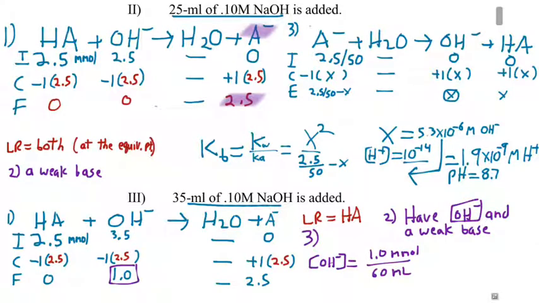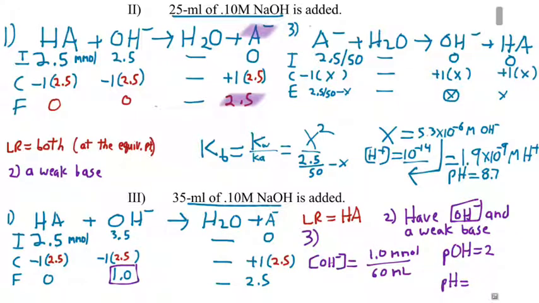So now, this is like we were in the previous problem up here. One way to solve it is to find H plus, using H plus times hydroxide is 10 to the negative 14th. Another way, which is really the same equation with logs, is using pOH. If you have hydroxide, you can find pOH by taking the negative log of it. So pOH is negative log of the hydroxide concentration.